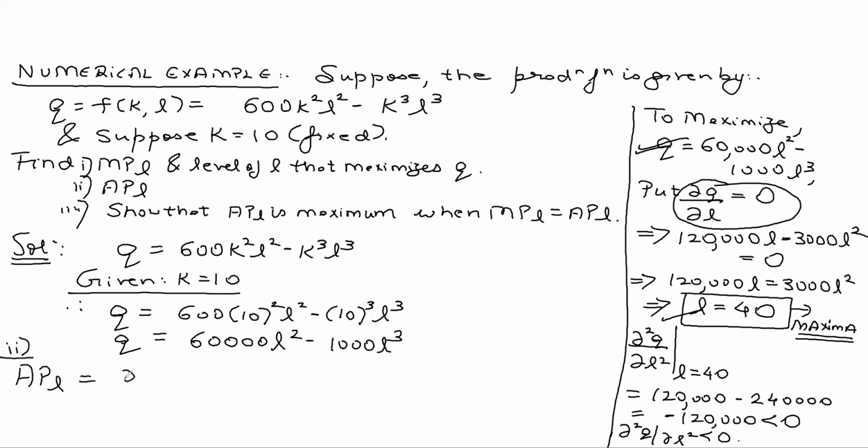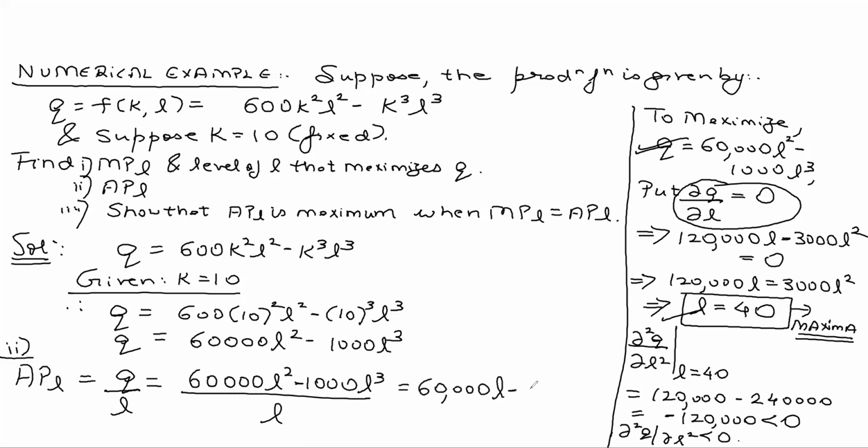APL will be equal to Q by L, which will be 60,000 L square minus 1000 L cube divided by L, which is 60,000 L minus 1000 L square. This is my APL.